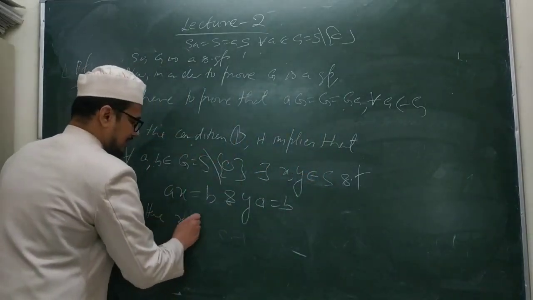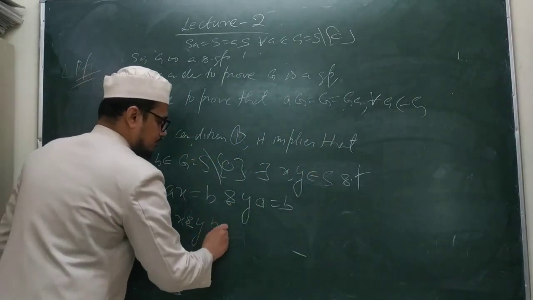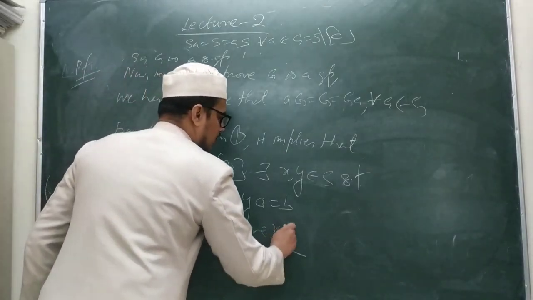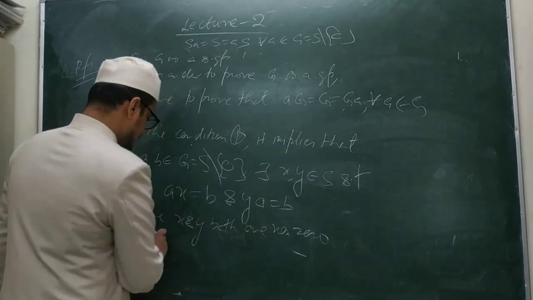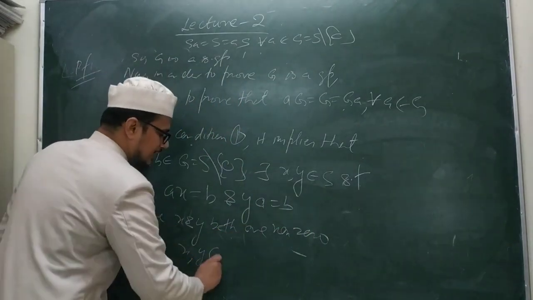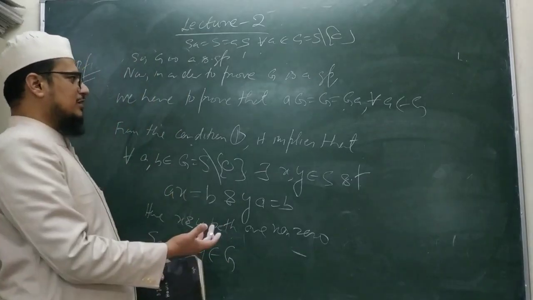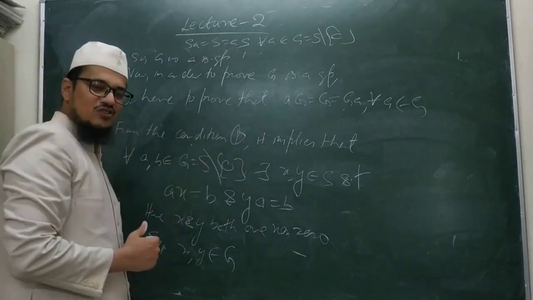Here X and Y both are non-zero. Otherwise you will get a contradiction. So X, Y belongs to G. So X, Y belongs to G, it means what? This is proof. AG is equal to G.